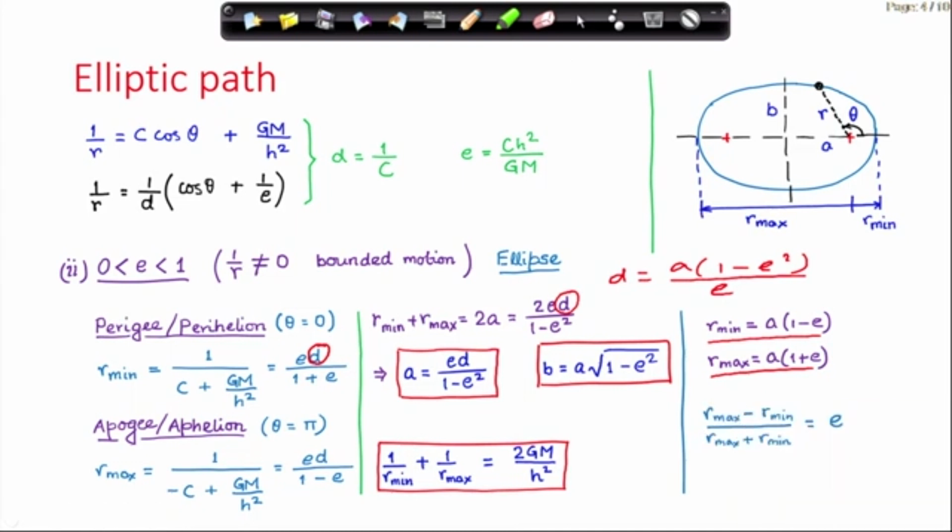And if you take the ratio R max minus R min by R max plus R min, that is E. These are all relations that can be derived once you know the fundamental solution. Only this B equals A into root 1 minus E square needs to be remembered, because this comes from geometry.